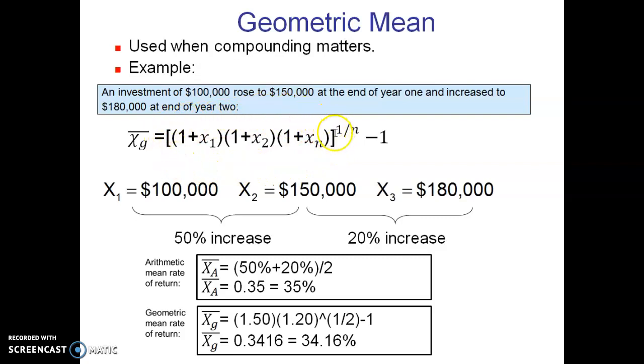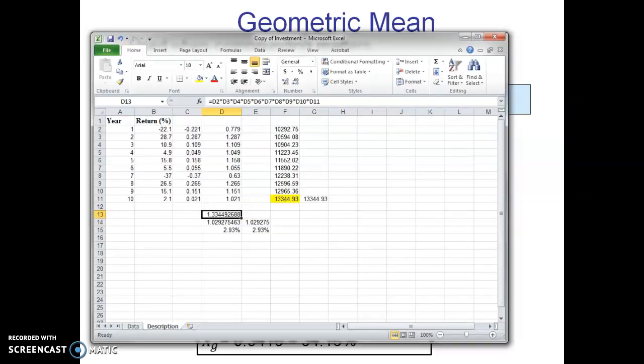It can be used to take an initial value, 10,000 in our example, and turning it into a final value, which is 13,344.